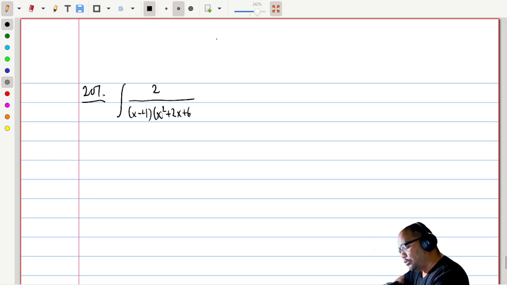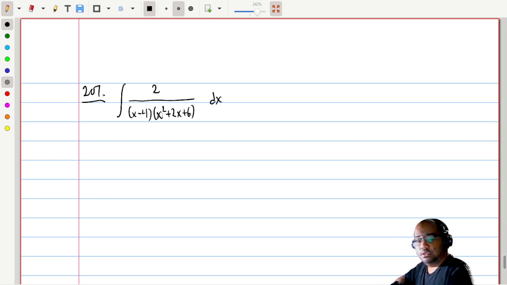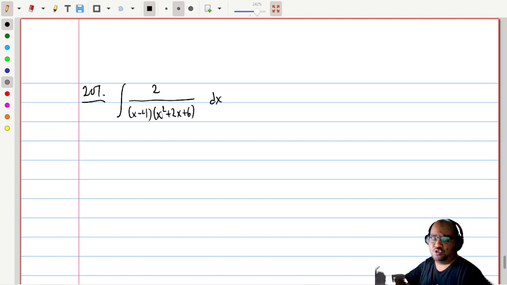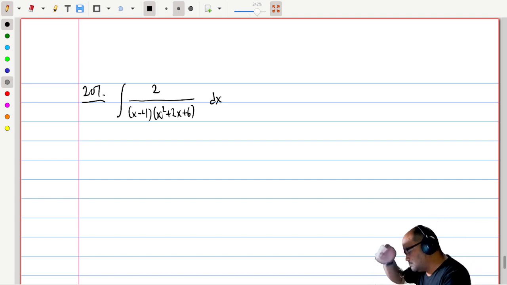So the quadratic here has complex roots, and so we call it irreducible over the reals. So I'm just going to leave it as a real thing. You could do partial fractions with complex numbers, but at this stage, don't worry about it. So I'm already going to tell you it doesn't factor.